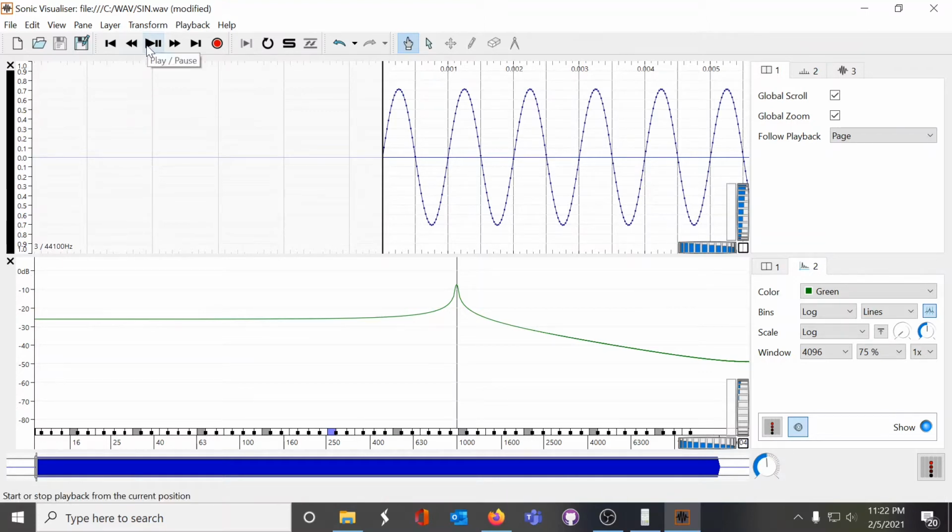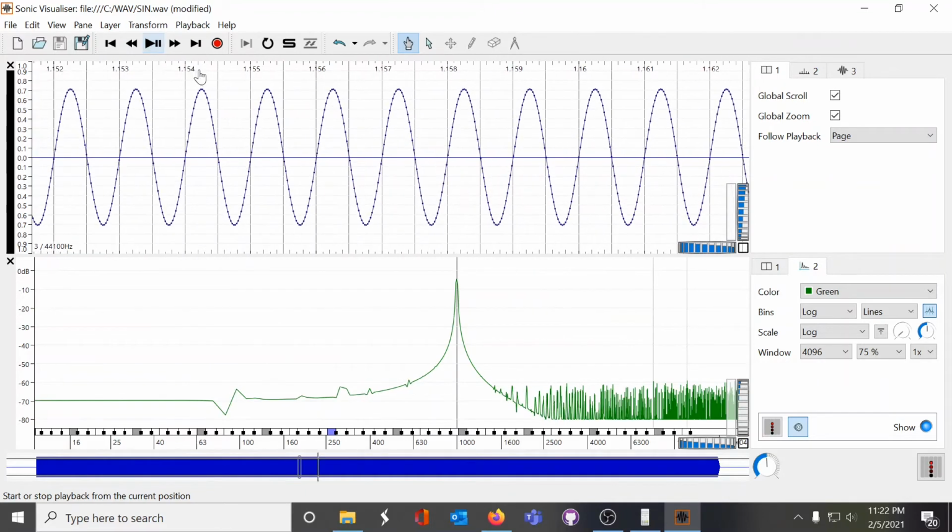When we play the music file, we see that there's a single spike, which means a sinusoid in the time domain will appear as a single spike, a single frequency in the frequency domain. If there was any distortion, or if that sine wave was less than perfect, we would see additional spikes.